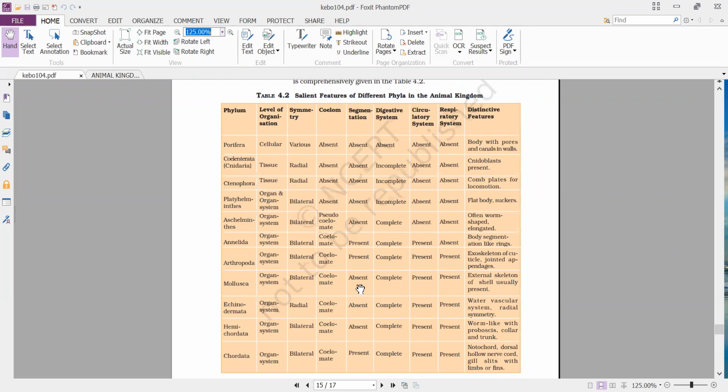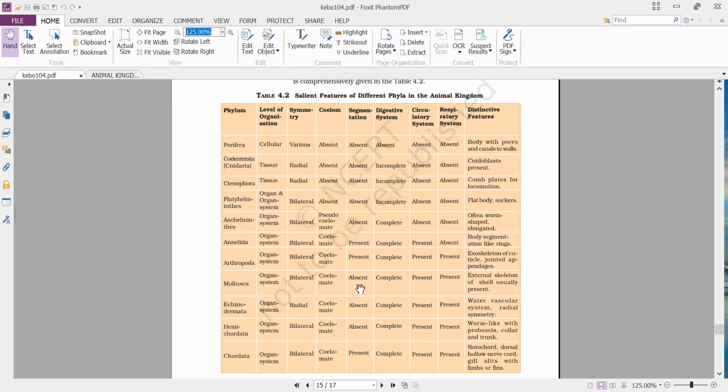Aschelminths are commonly called roundworms because their body is circular. In annelids, the annulus, that is the ring-like structures called segments, are present. And in arthropods, the body is covered by a hard chitinous exoskeleton and they possess jointed appendages.